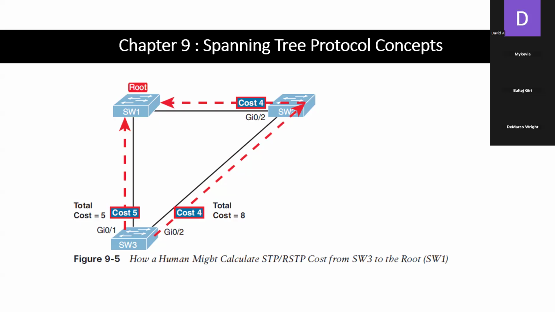The port cost is always a decimal value, and it's assigned to the interface, per VLAN, by the way. Let me make sure I say that. We haven't got to the nitty gritty yet, but per VLAN, there will be a cost for each interface.